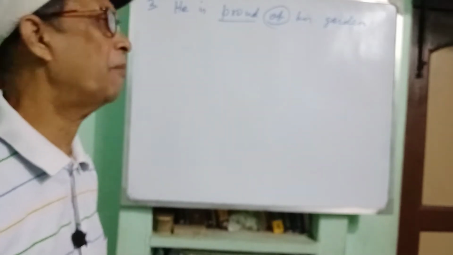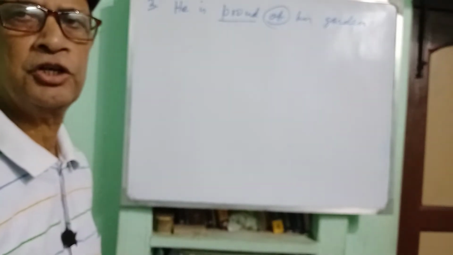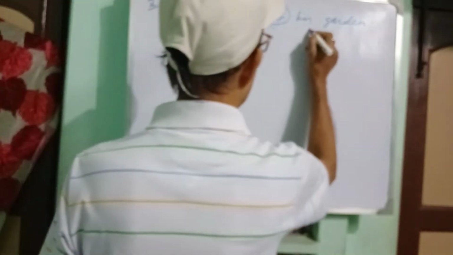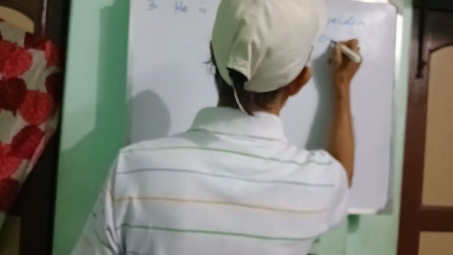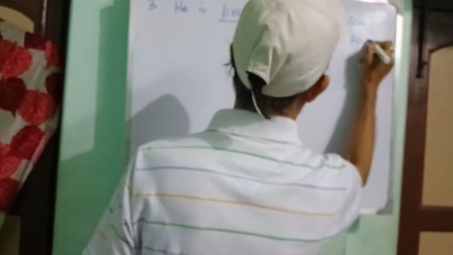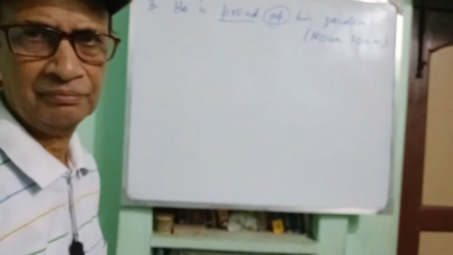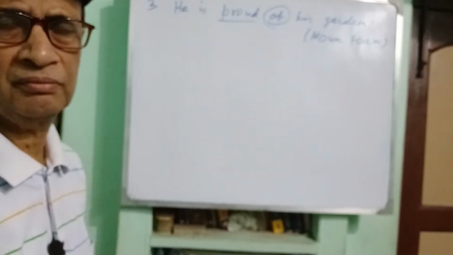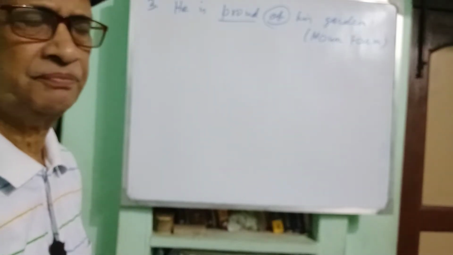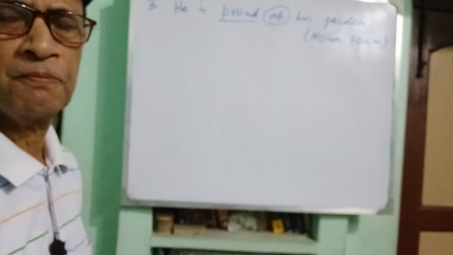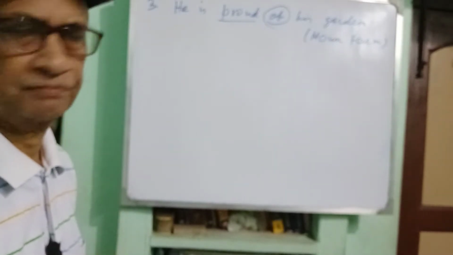Suppose you have been asked to use the noun form of proud. Proud is an adjective. It is well known to all that proud is an adjective, and you have been asked to use the noun form of proud.